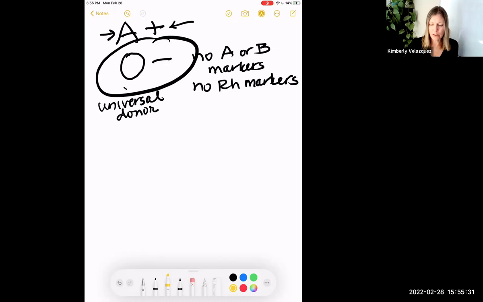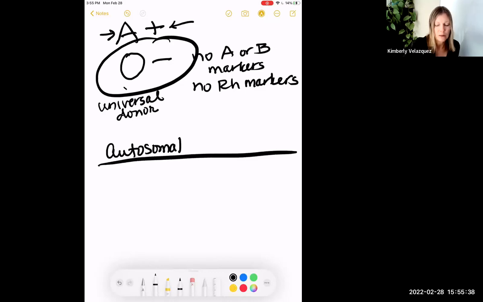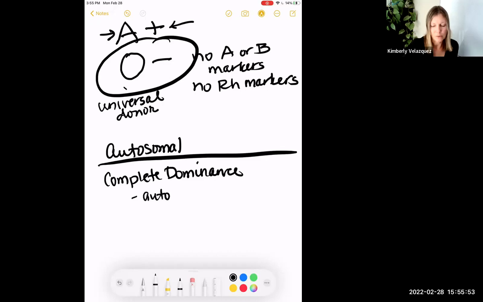Everything we've covered now, those are all the autosomal patterns of inheritance. So we had autosomal recessive and autosomal dominant disorders, and those all covered complete dominance. Complete dominance was the pattern, and that included autosomal recessive disorders and autosomal dominant disorders.